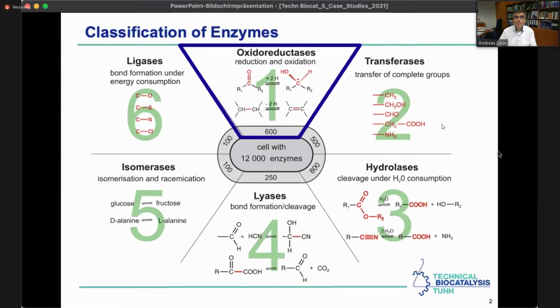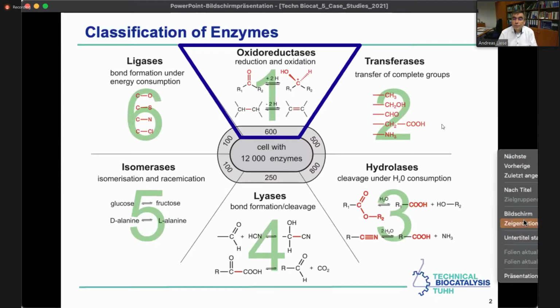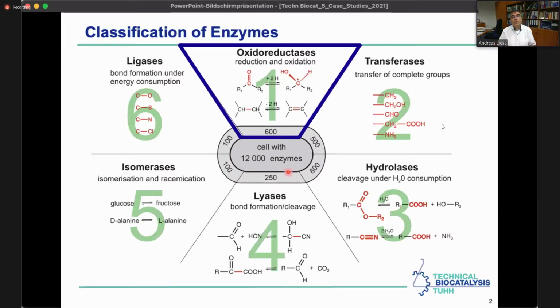To do so, we're just walking through the different classifications of enzymes, and so we're starting with oxidoreductases.